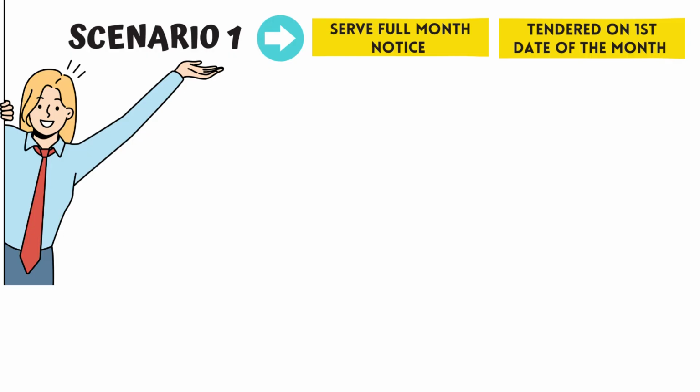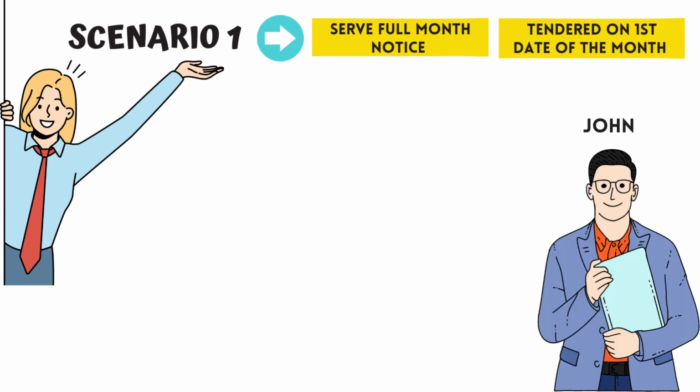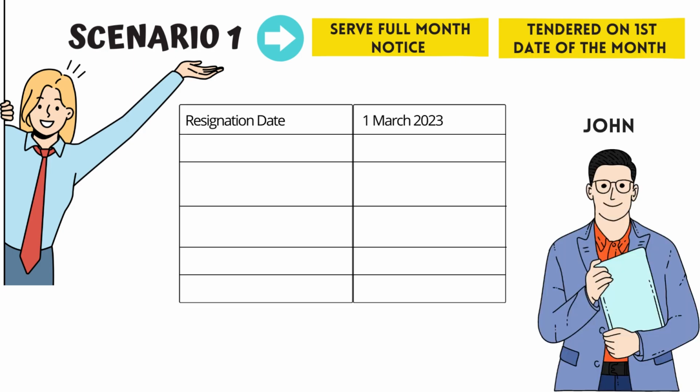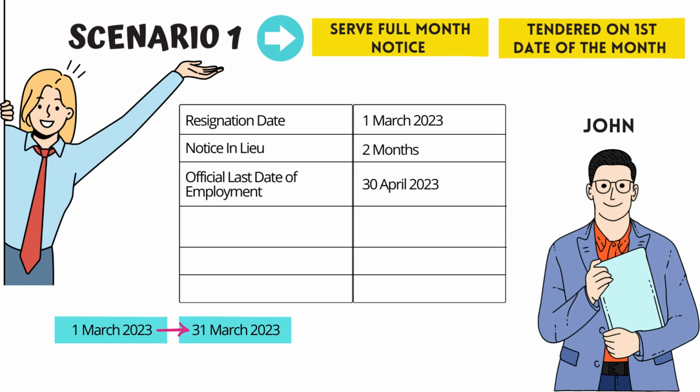Scenario 1. Assuming an employee named John has put in his resignation dated March 1, 2023, and decided to leave the organization. John's in lieu of notice period is 2 months. Therefore, his official last date of employment upon the 2 months of notice in lieu is April 30, 2023. March 1 to March 31 equals 1 month.